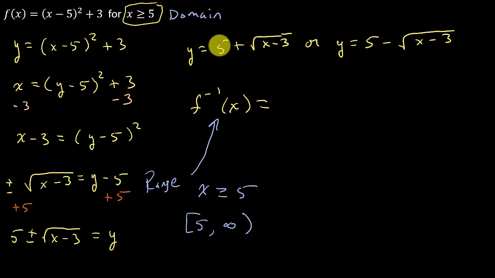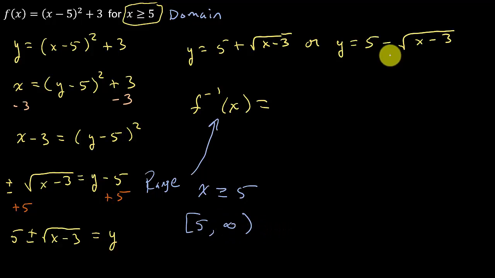Hopefully you can see that it's this one. Whenever you take the square root of a number, it's always 0 or positive. So if I have 0 or positive and I'm adding it to 5, that's going to give me numbers larger than 5, which is in this range.